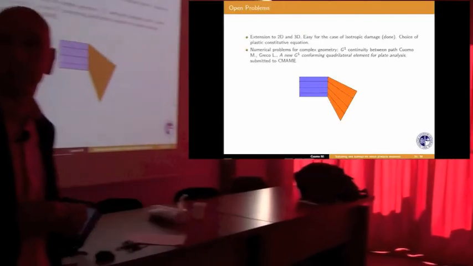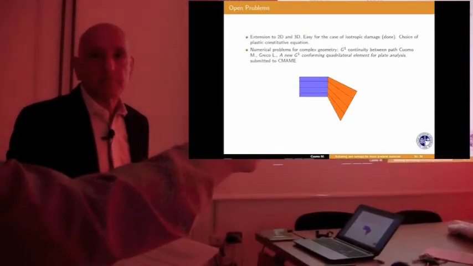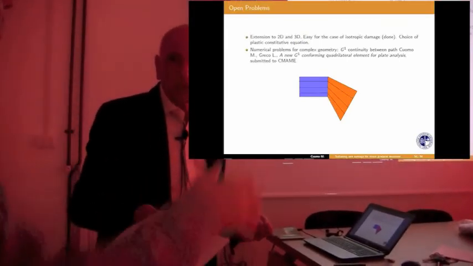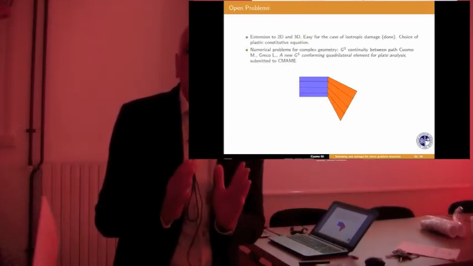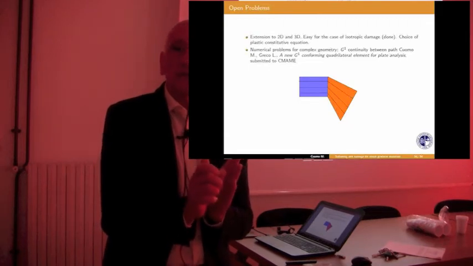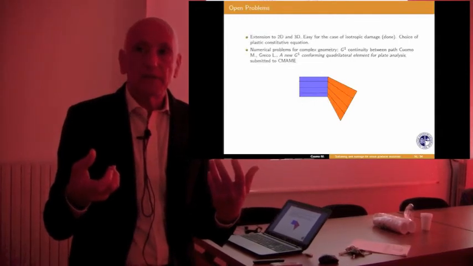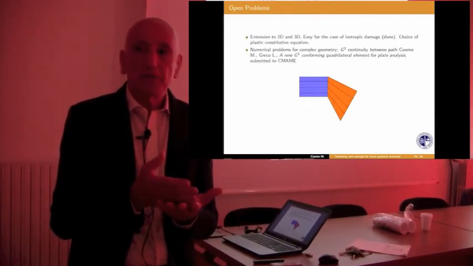And why did you get some diffuse damage at the end? Is this due to the characteristic length that you used? Yes, sure. This is non-local. The non-locality is in the equilibrium equation, so the diffusion of the damage is due to the fact that you have a gradient in the strain.